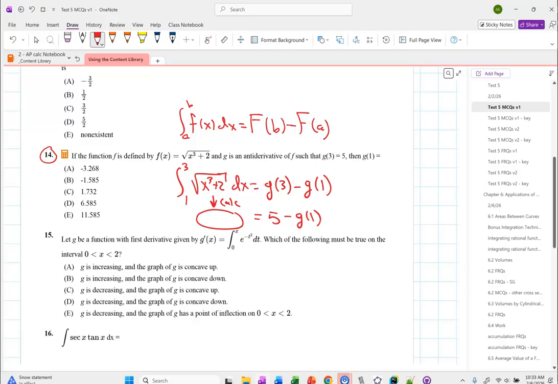So you set it up using the fundamental theorem of calculus, and then you have to knock out that integral using your calculator, and then just a little bit of algebra to get the g of 1 by itself.